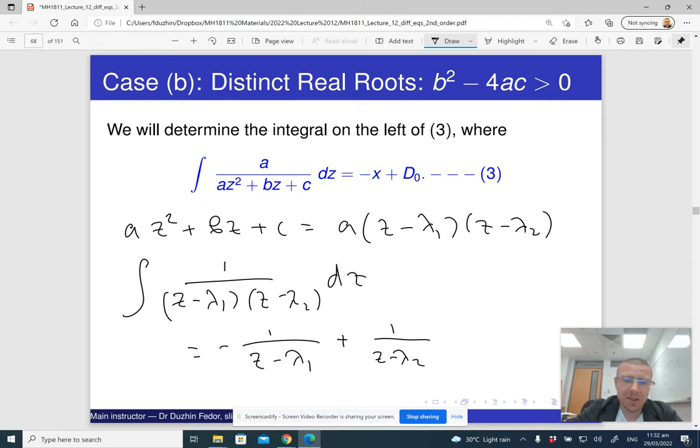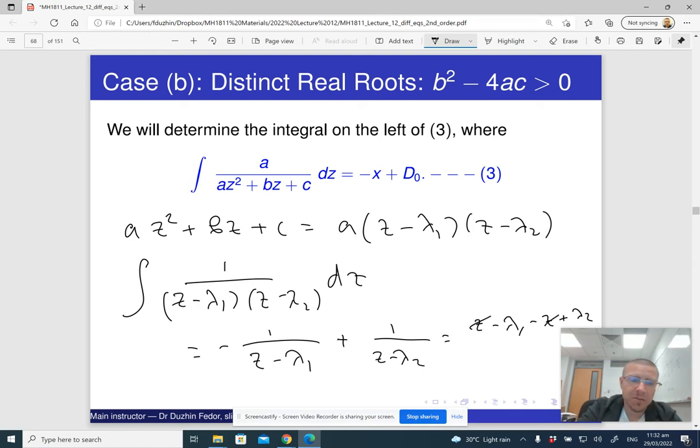So in this case, if I do this, then I get z minus lambda 1 minus z plus lambda 2, right? Yeah, so I guess it means that z and z are going to cancel.